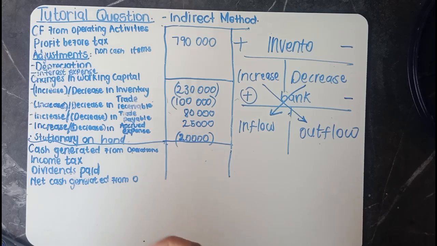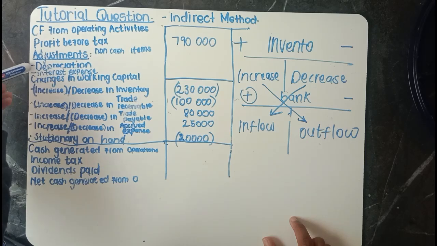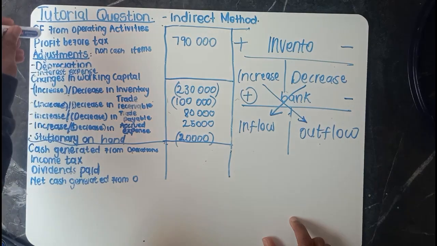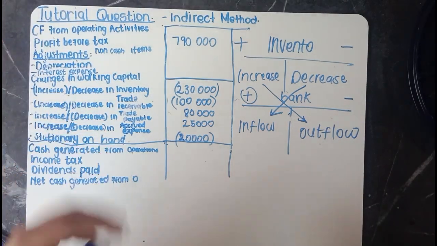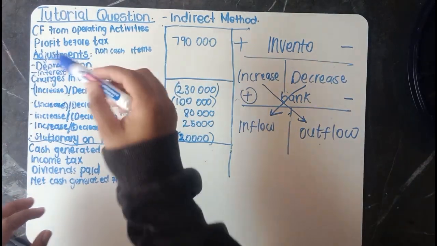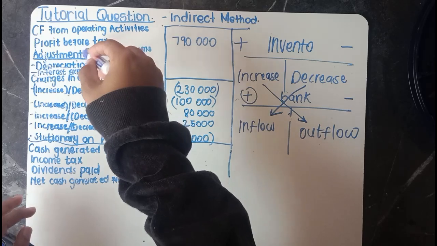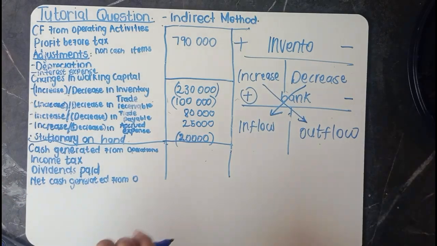Since depreciation was subtracted in your profit before tax, all your expenses you're going to add back, and all incomes are subtracted.